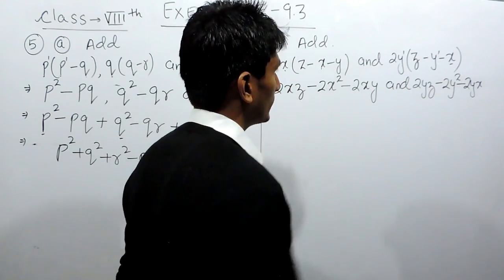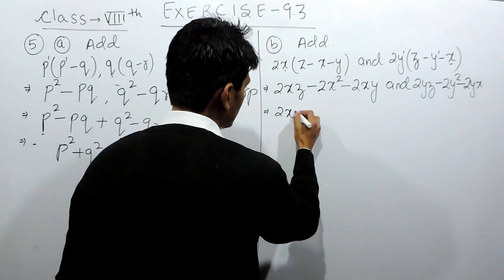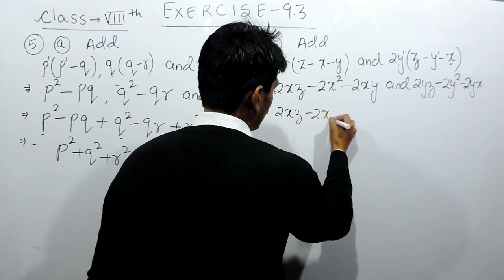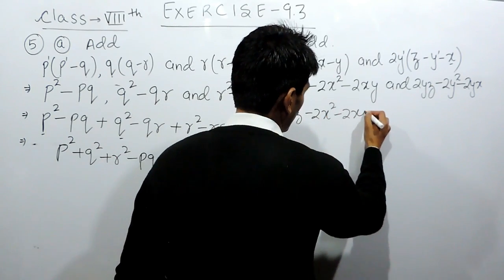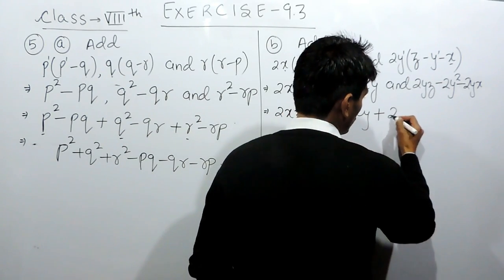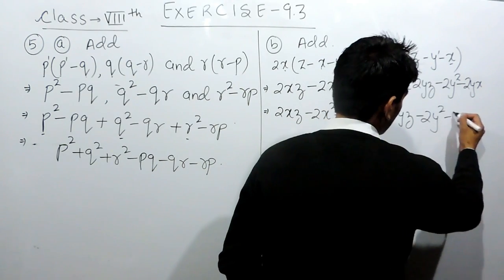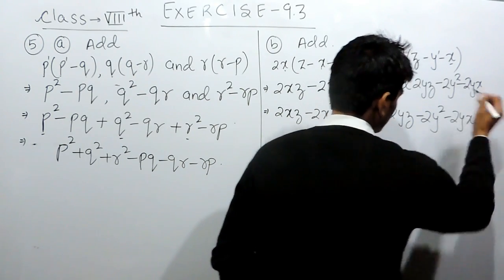So these are the two terms which we have to add. So 2xz minus 2x square minus 2xy is added with this term. This will be 2yz minus 2y square minus 2yx.